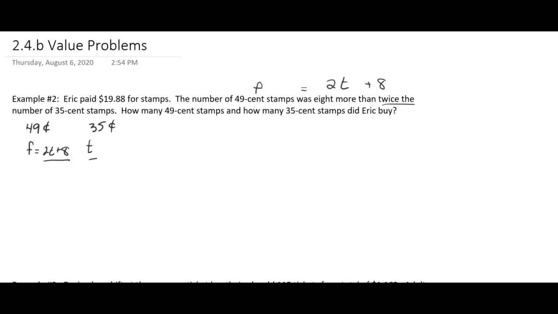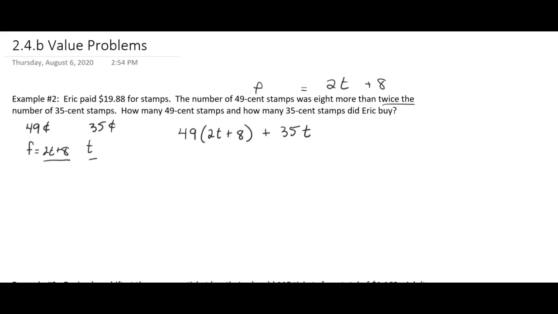So 49 cents is going to be 49 times 2T plus 8, that's how many I have, plus the 35 cents times T, because that's how many stamps I have there. If you wanted to do 0.49 and 0.35, you could do that, but then in the end you'd have to multiply by 100 on the next step. But we did that on the last problem, so I chose this time to do it in terms of cents.